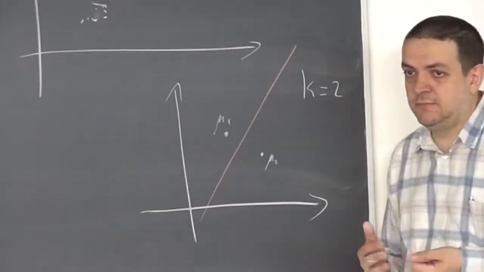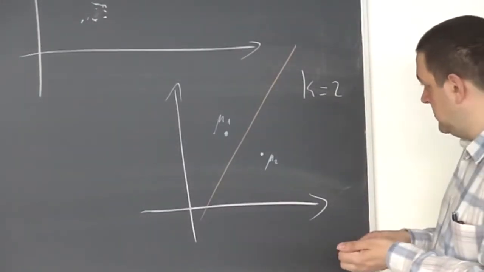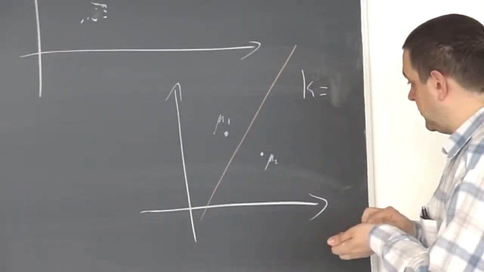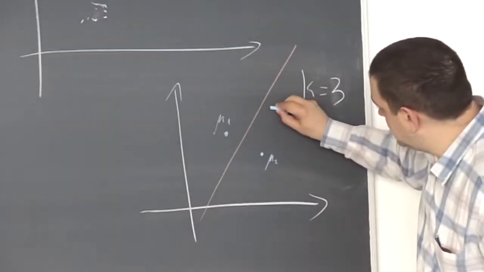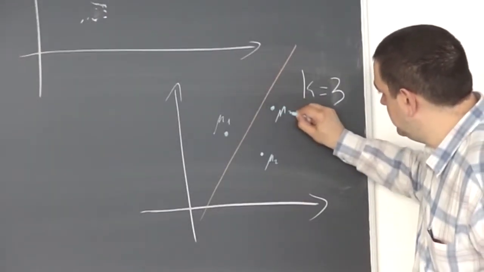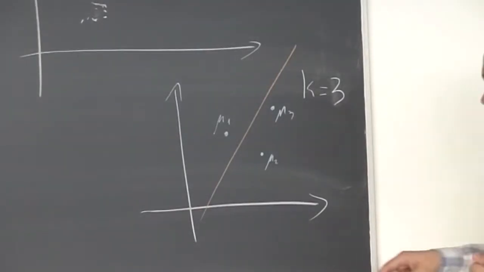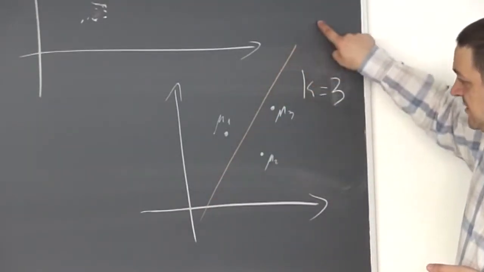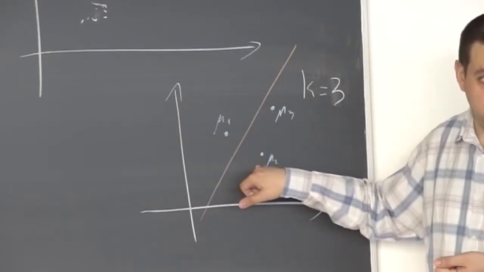Okay, now, if you add the third point, so let's move to k equal to 3. You add a third point, let's say here. Well, everything becomes a little more complex. This line still represents the points that are closer to mu1 or mu2.